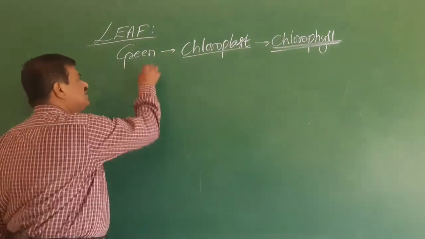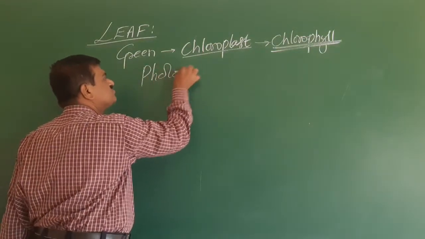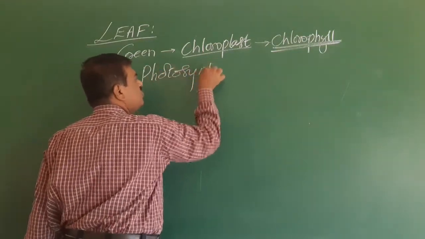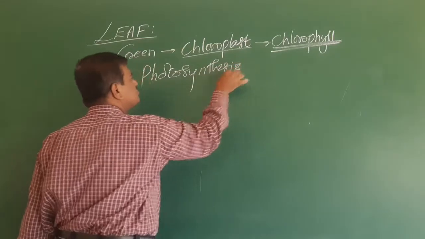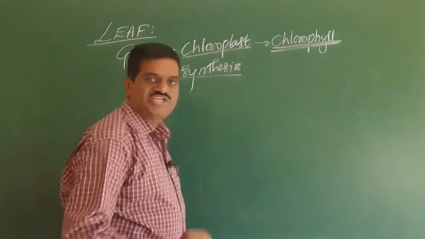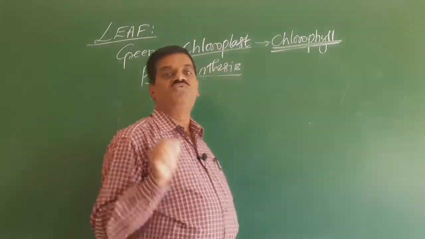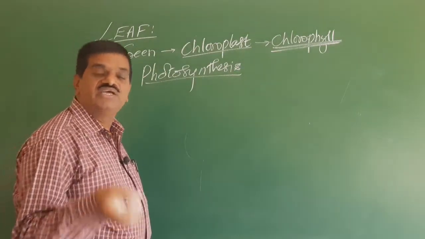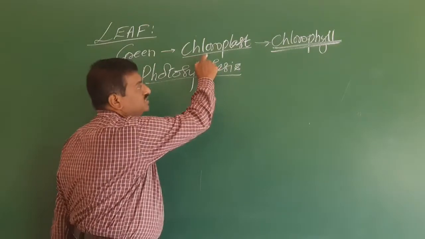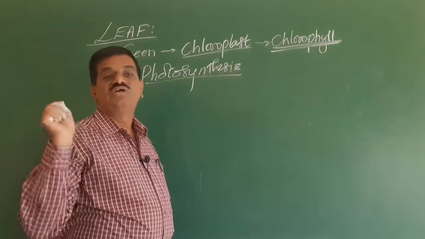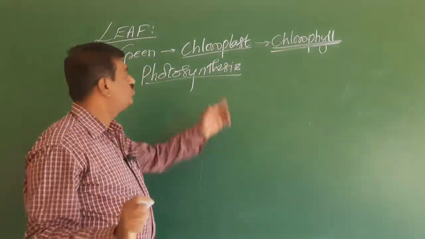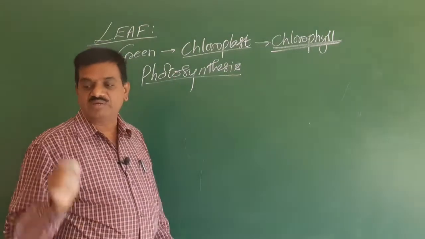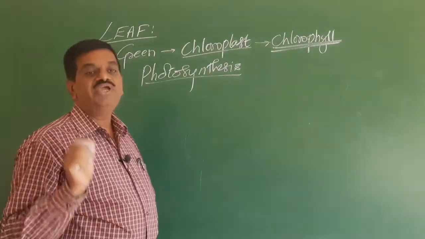Leaves always help in photosynthesis. It is nothing but manufacturing of food, preparation of food. In the presence of sunlight, carbon dioxide and water, the green pigment called chlorophyll helps in photosynthesis. So photosynthesis is nothing but manufacturing of food.